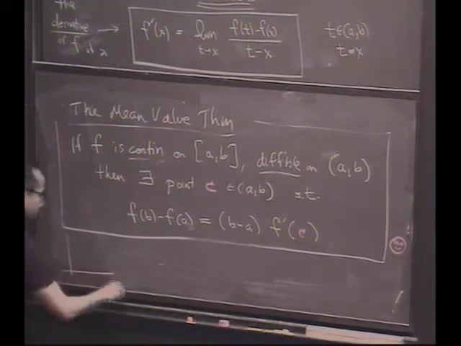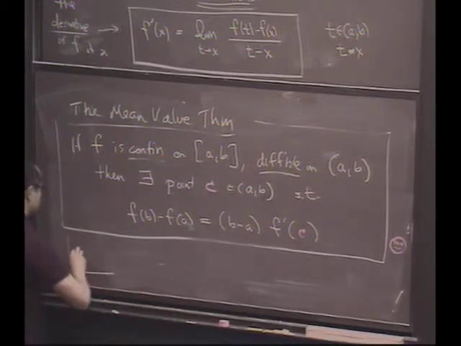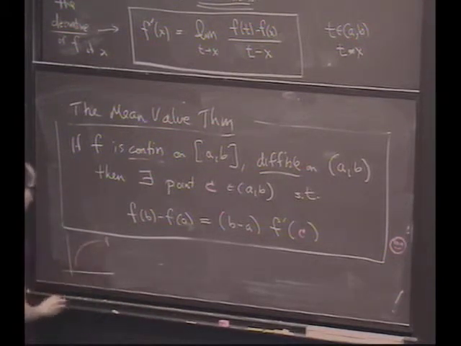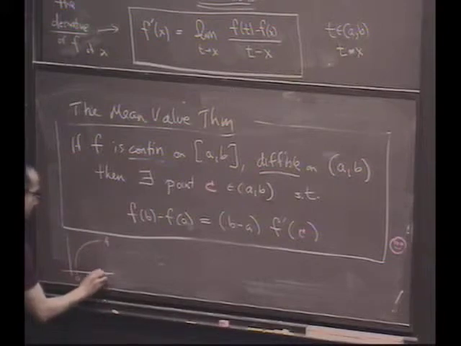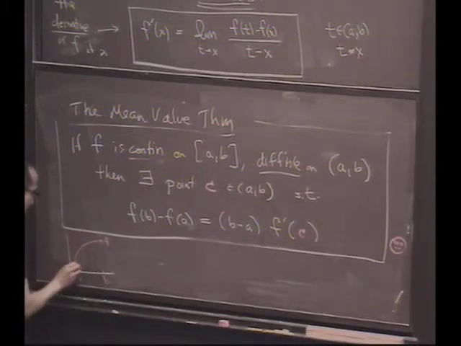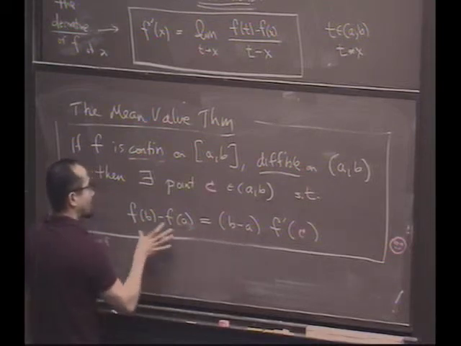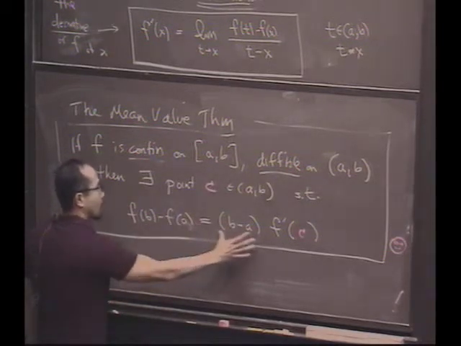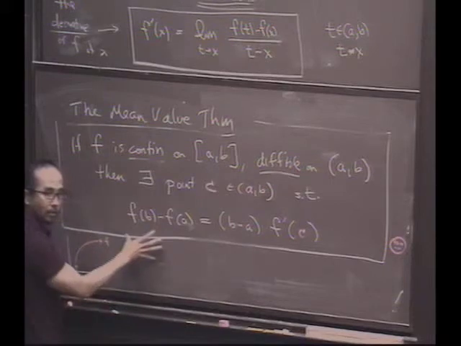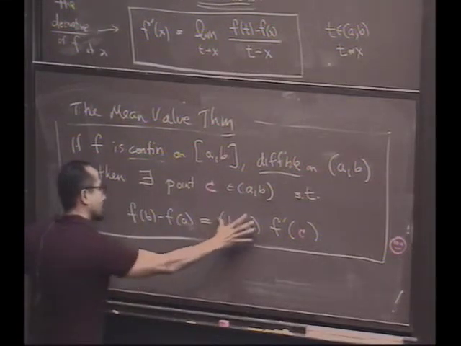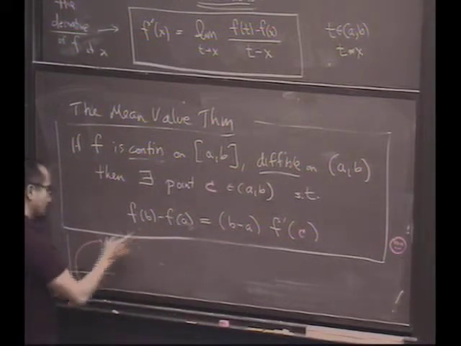If you have a function and it looks something like this, and you have a point a and a point b, and the function is defined on [a, b] and it's differentiable everywhere inside, well, look what happens if I divide: f(b) minus f(a) over b minus a. Don't you agree that what I get then is the slope of the secant line?